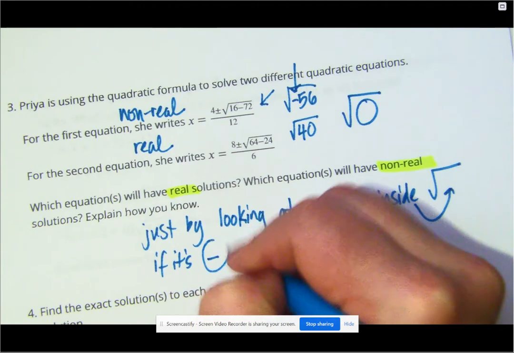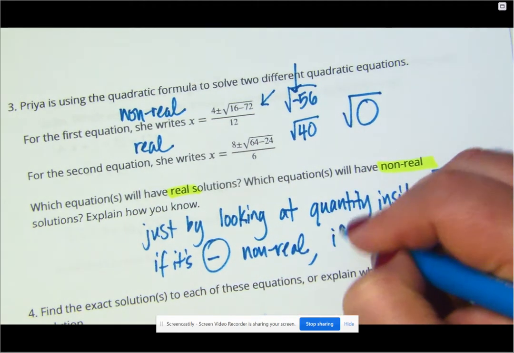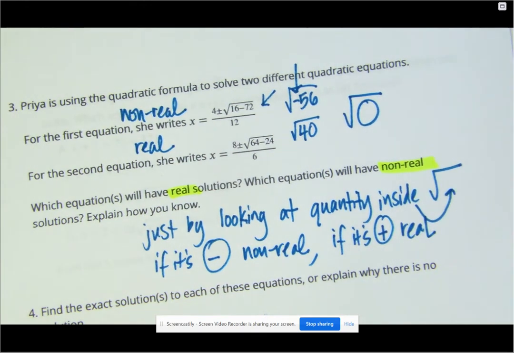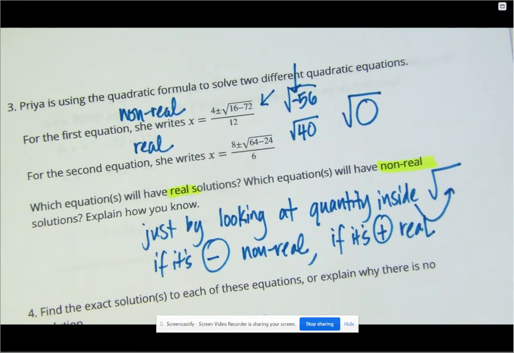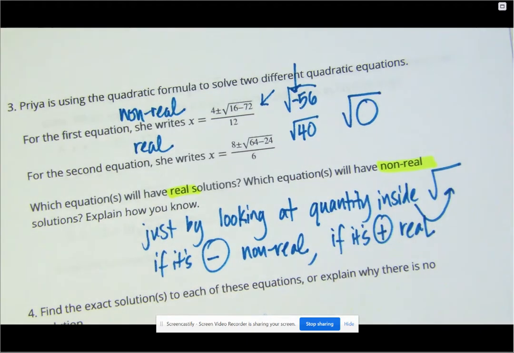If it's negative, it's going to be non-real. If it's positive, it's going to be real. And that kind of helps you too. If you know that's a negative, your final answer better have an i in it. Don't drop it off somewhere while you're doing your simplifying.